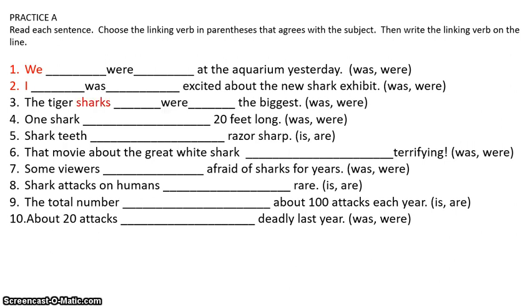Number 3, you should have highlighted the word sharks in red, and you should have chosen the word were. Sharks is being linked to biggest by the word were. That's a linking verb. Number 4, one shark was 20 feet long.